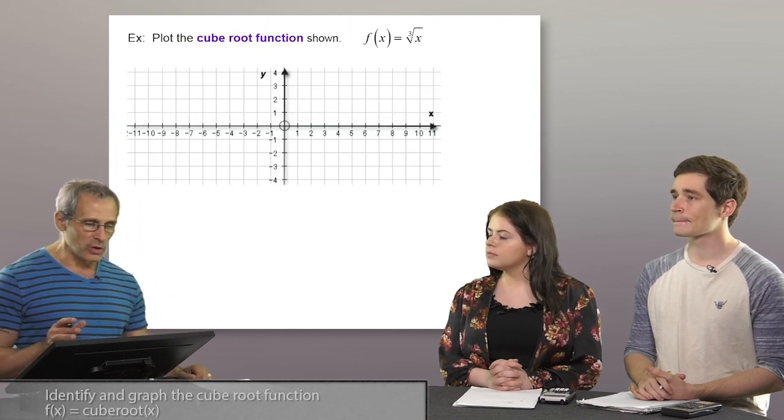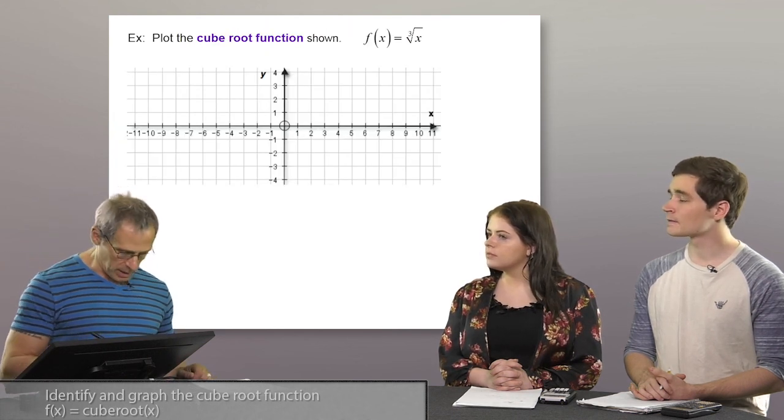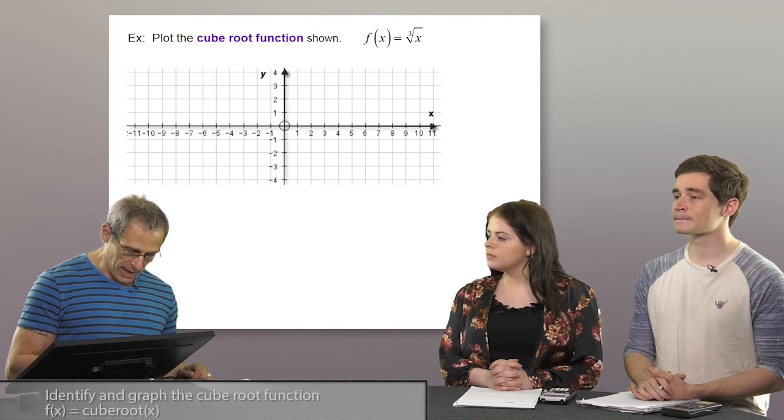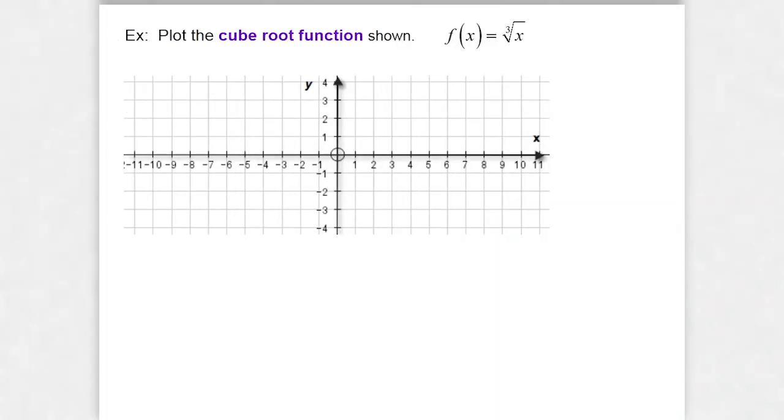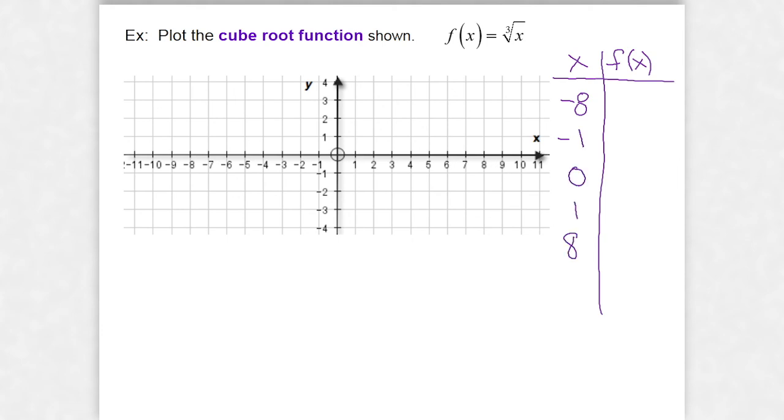So the first thing we're going to do is plot the cube root function by plotting points. I'll choose 5 different inputs for the left column, and on the right column I'll write the corresponding outputs. I'll choose inputs of -8, -1, 0, 1, and 8.